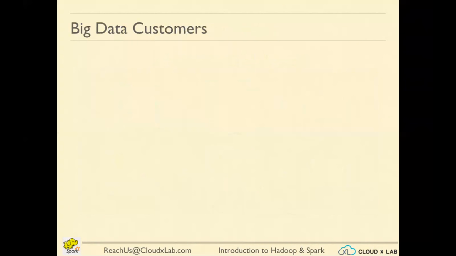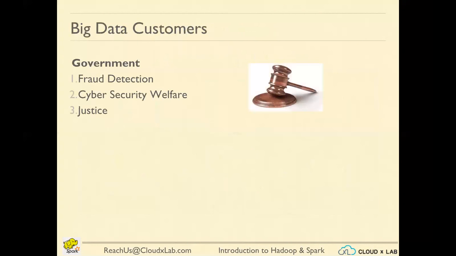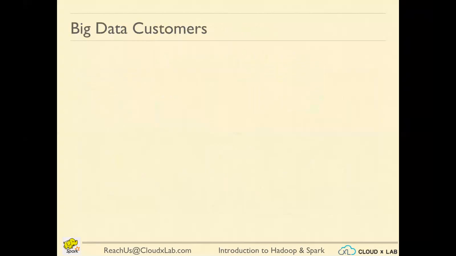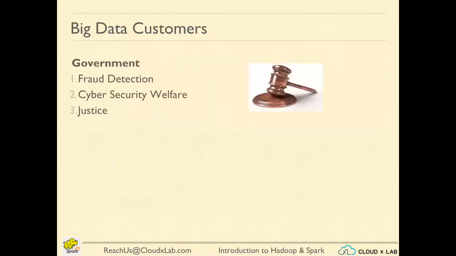Now let's talk about the other big data customers other than e-commerce. One other is government. The government uses big data for many use cases, such as fraud detection, cybersecurity warfare, and justice. Big data can be used to determine the causes of fraud or to predict fraud based on past history.